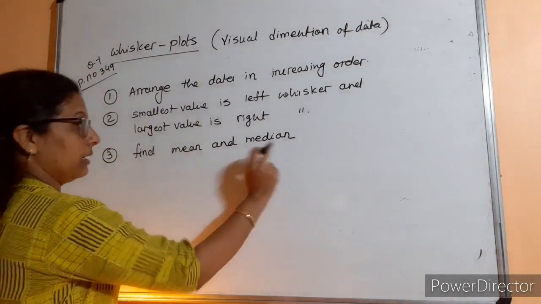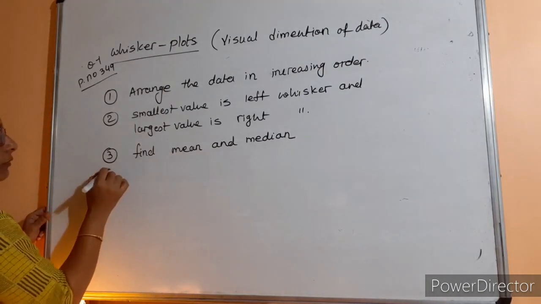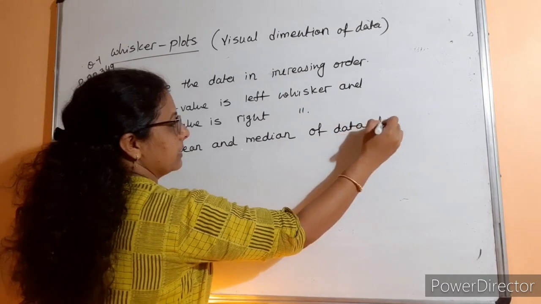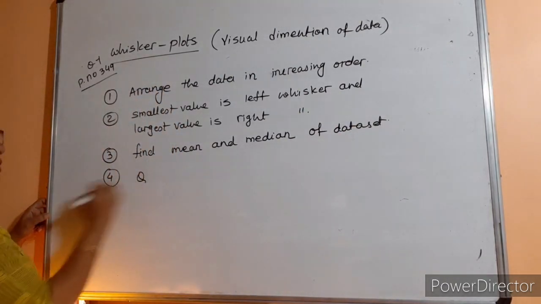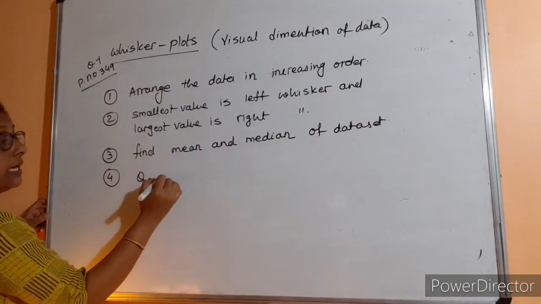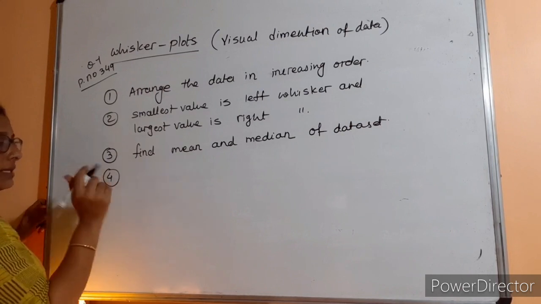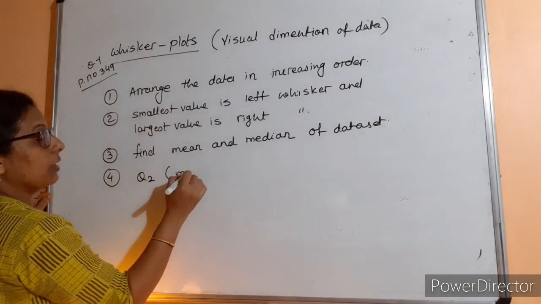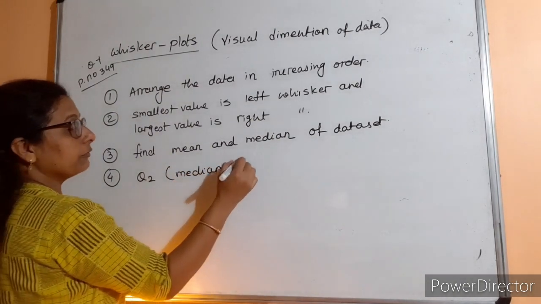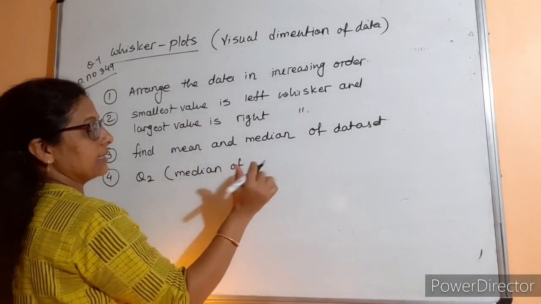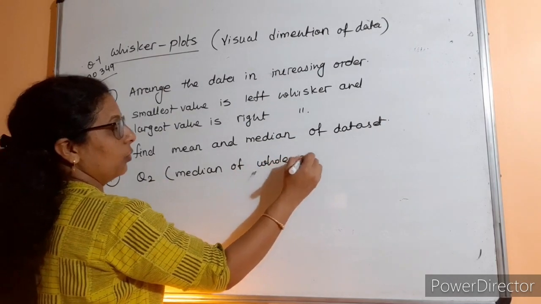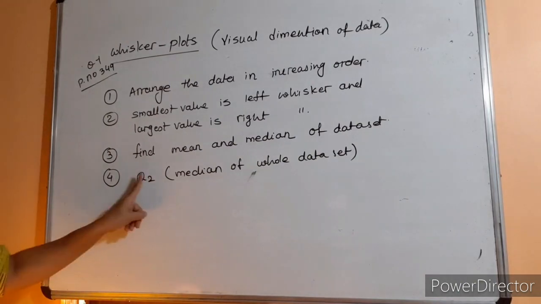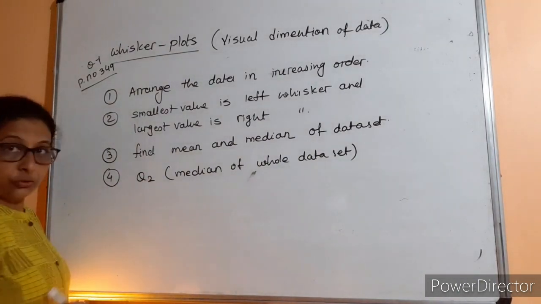So mean and median, then fourth, find the quartiles of the data set. Q2 is a quartile, that is what? The median of the whole data set. The median of the whole data set is Q2.